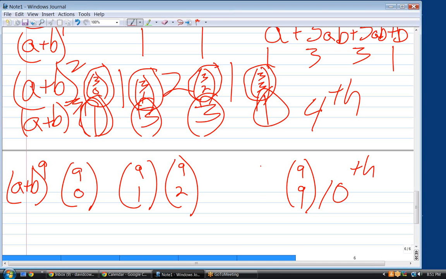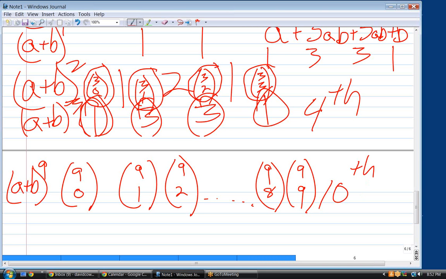And the second to last coefficient is 9 choose 8, and all the ones in between. So there are your 10 numbers in the 10th row of Pascal's triangle, the same as the 10 coefficients of the expansion of (a plus b) to the 9th. Okay.